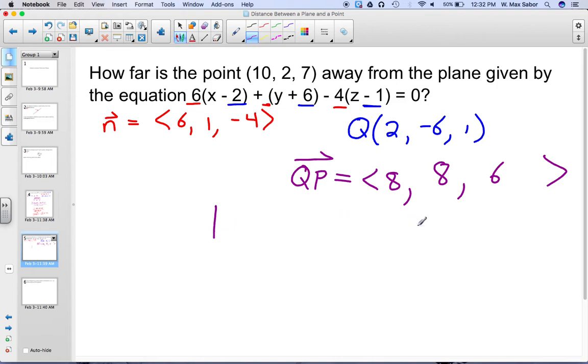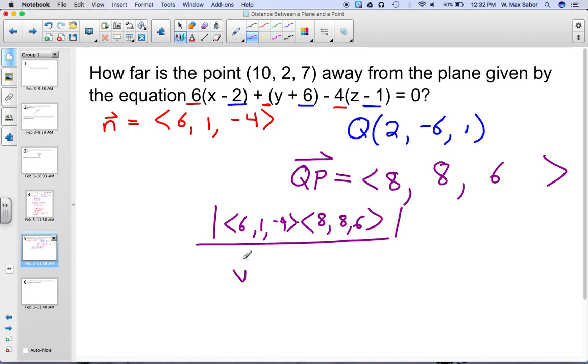Now we want to take the dot product. So the dot product is 6, 1, negative 4. It doesn't matter which order we do the dot product in. Over the magnitude. Oops, I'm taking the magnitude of the wrong thing. It should be the magnitude of the normal vector.